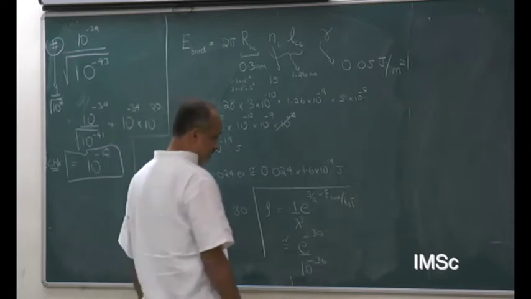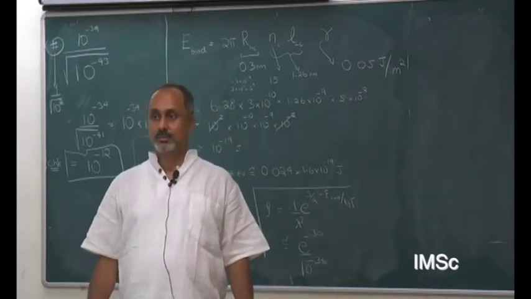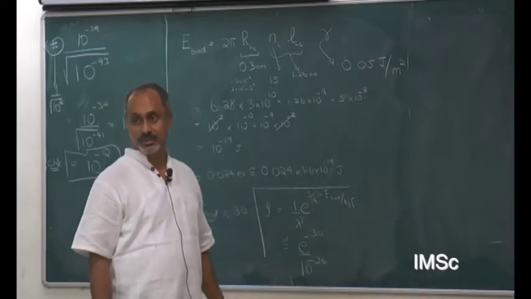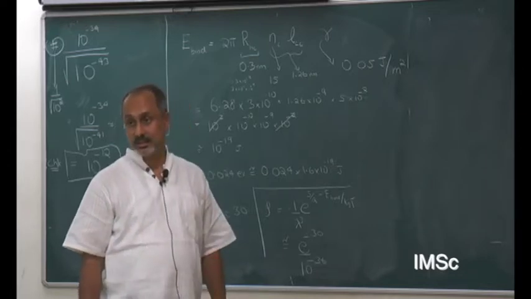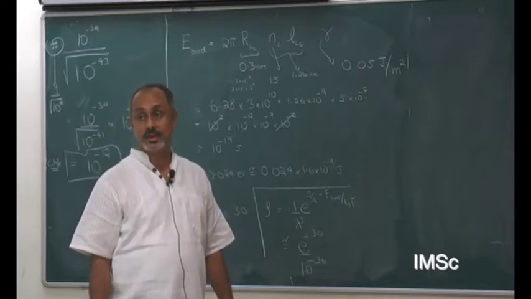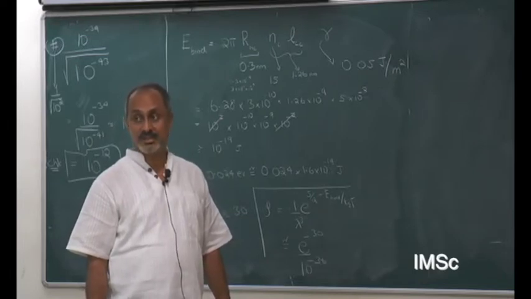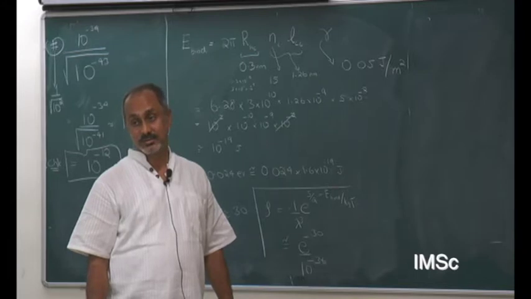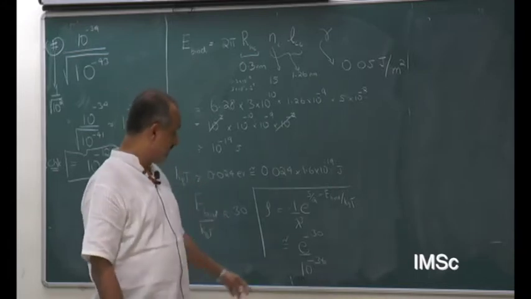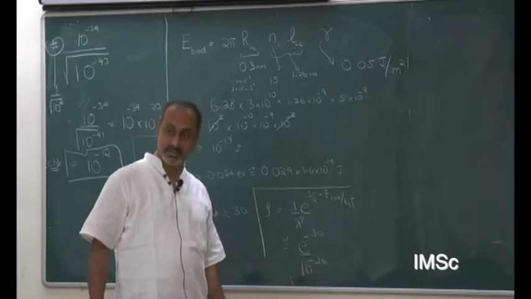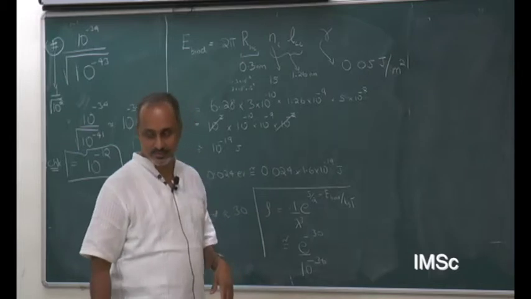Okay, I mean it's not a very good way to approximate e by 2. But in principle, that could have been possible, that we approximate e by 2, right, 2 to the power minus 30, and 2 is 10 to the power 0.3. So that becomes 10 to the power 0.3 times 30, which is some number like 10 to the 9 or something. And then that would go away with this particular factor here. So just do it. Go back and just try it out.